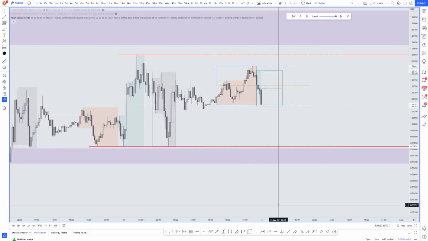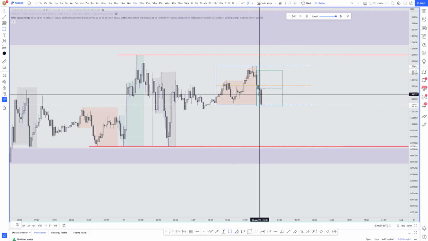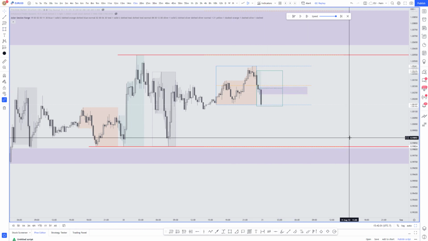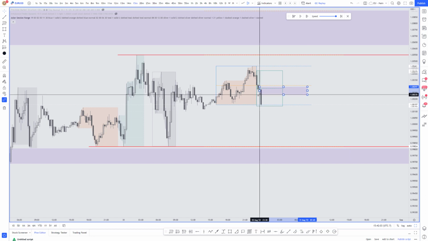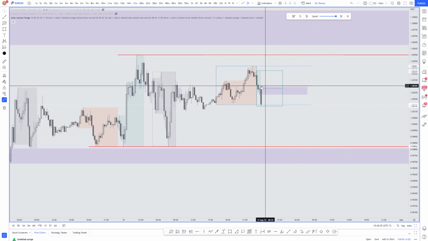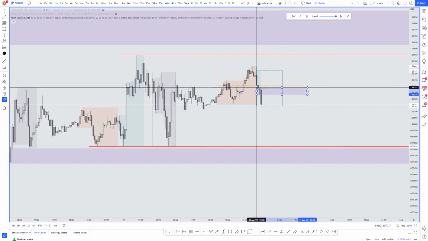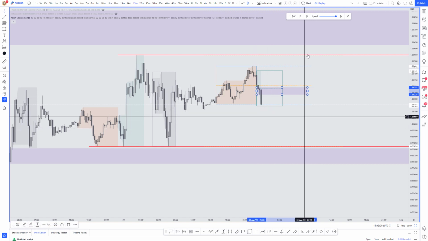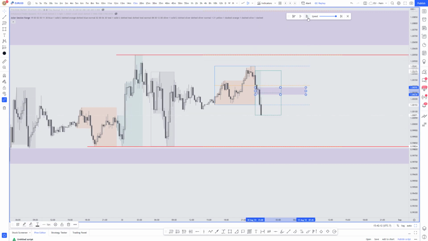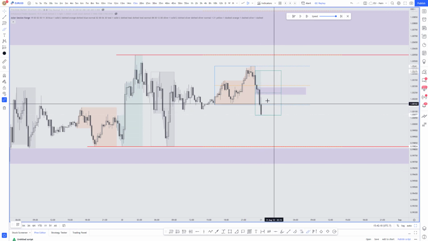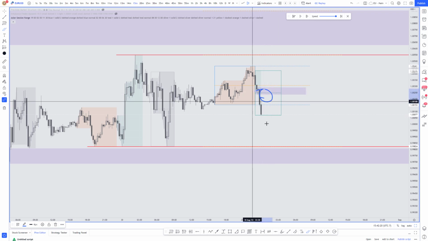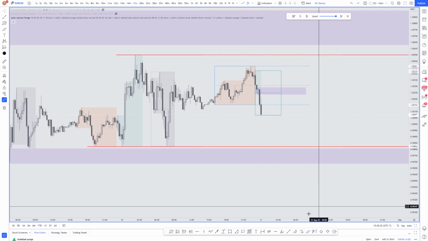To me, this would be your POI that took out Asia. You have imbalance, obviously. There's likely an entry there on the 1 minute when it broke out of Asia. Be really careful with those because what those are is inducement for that.